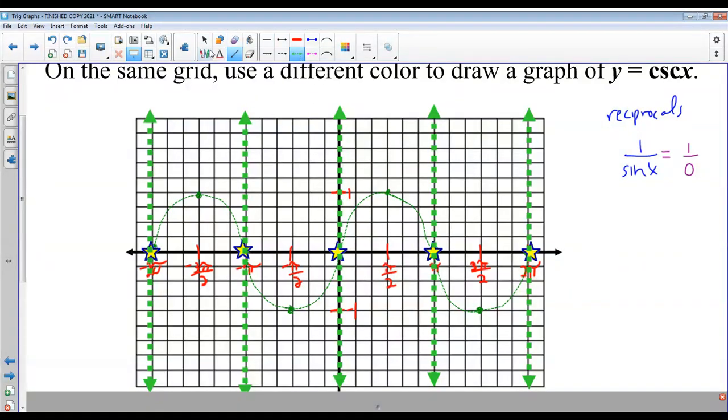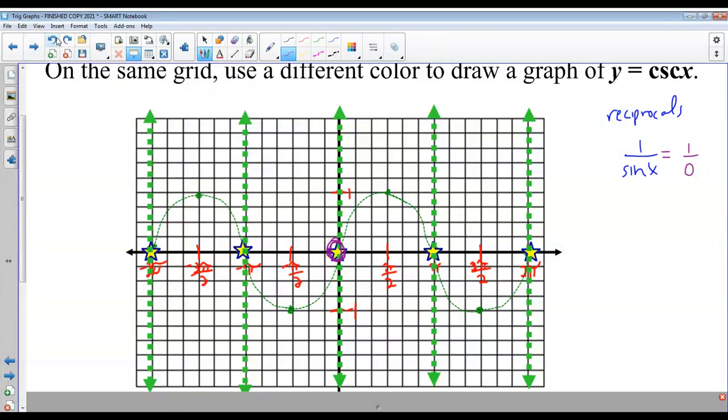So that's the first important guideline when we're doing this. These vertical asymptotes occur starting at the first place where sine is 0, and then occurring every pi, left and right of that.